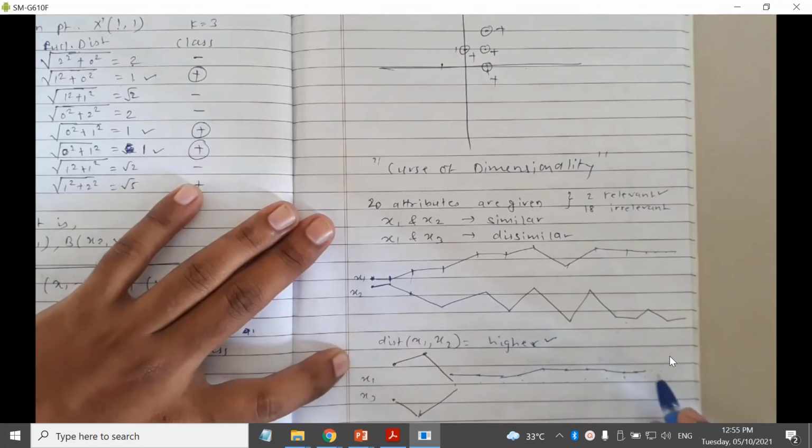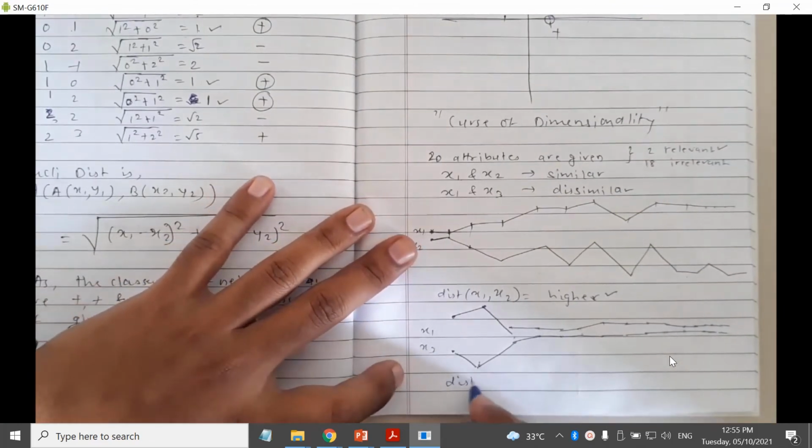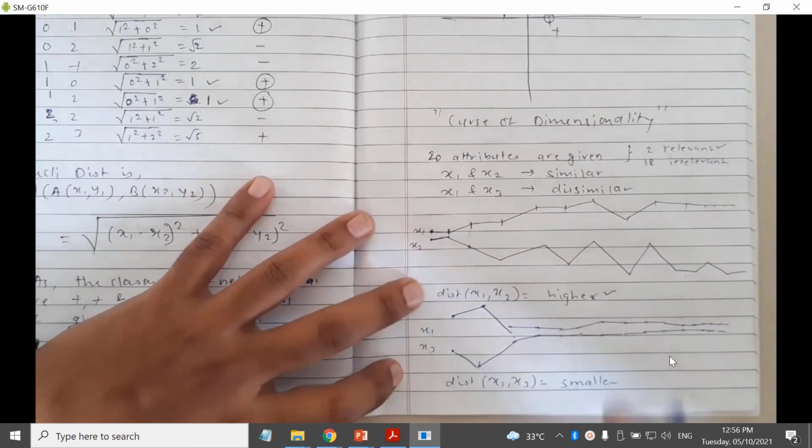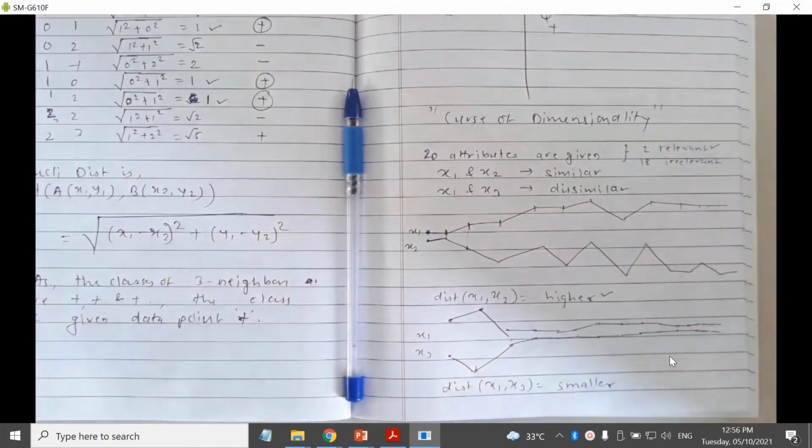They are very far apart for the relevant attributes, but when you observe the remaining 18 irrelevant attributes, they are similar, and the resultant distance will still be less for these two. So are you going to say that x1 and x3 are similar in this case? No, we should not, right? So the distance between x1 and x3 is smaller as compared to this distance. This problem is known as curse of dimensionality.